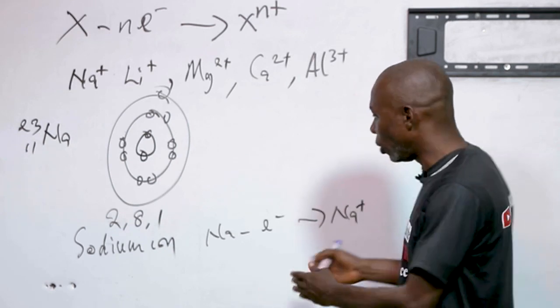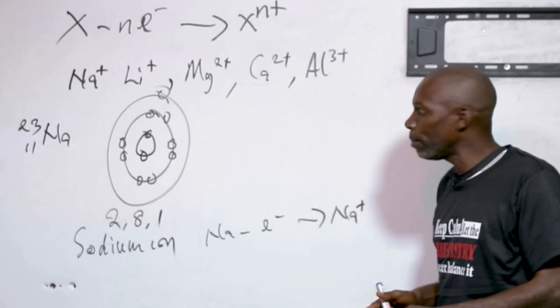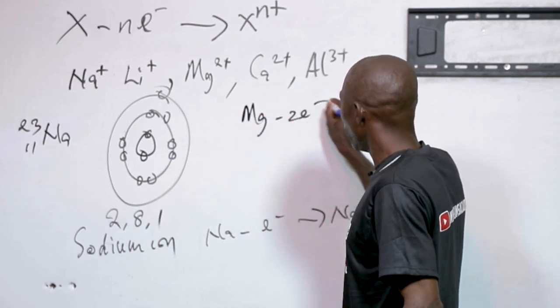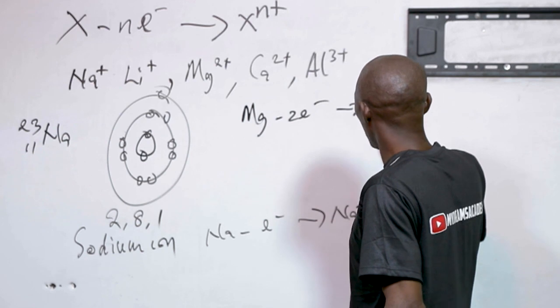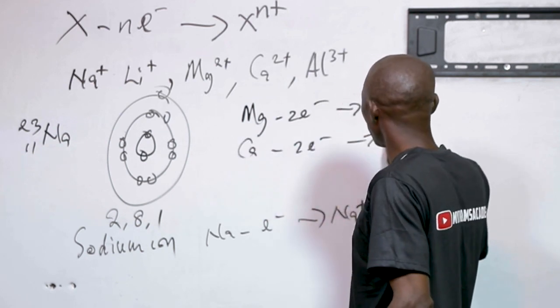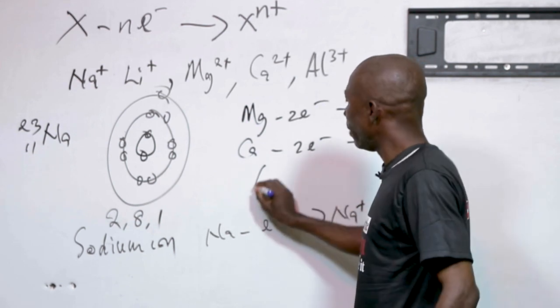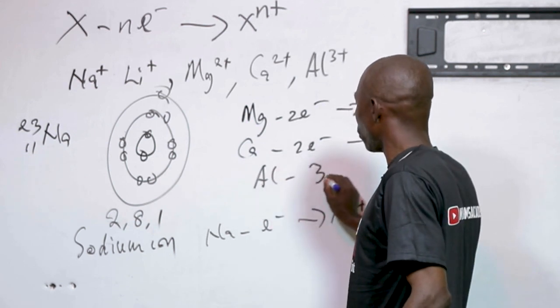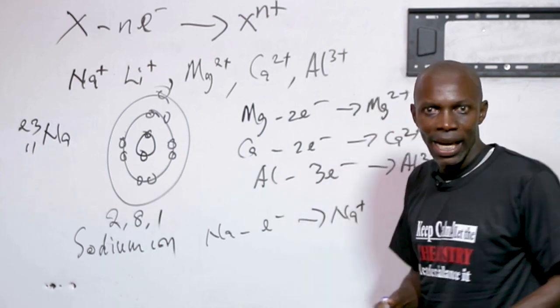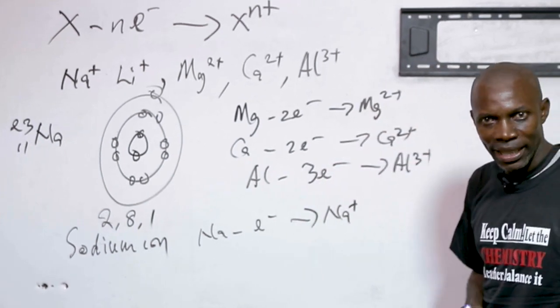Metals react by donating electrons. Similarly, magnesium can donate 2 electrons to become Mg2+. Calcium can donate 2 electrons to become Ca2+. Aluminium can donate 3 electrons to become Al3+, which means they are reducing agents.